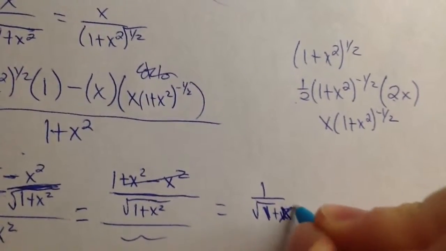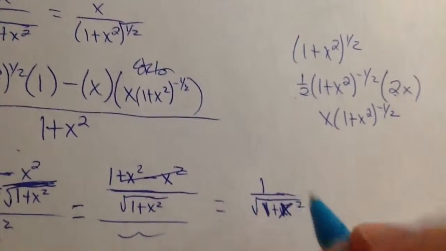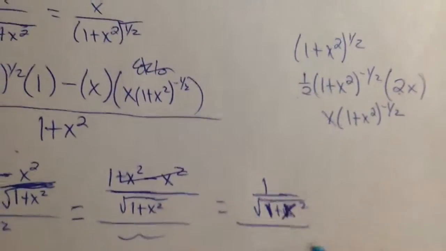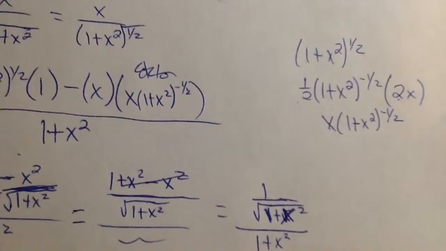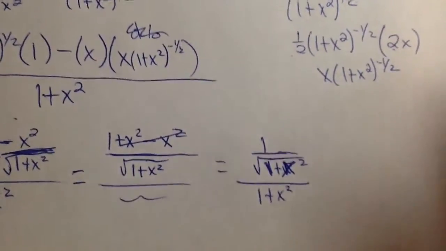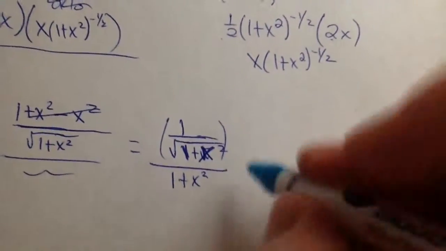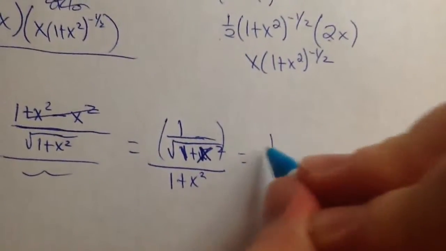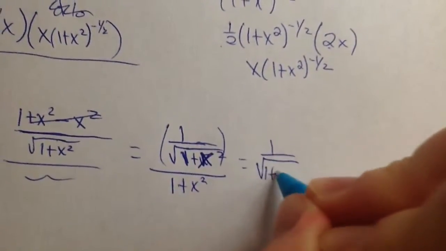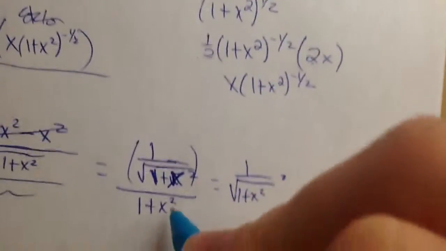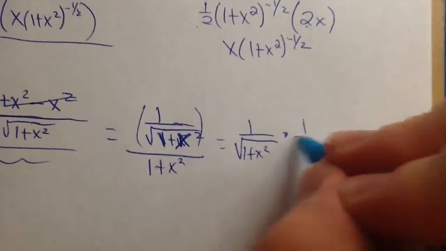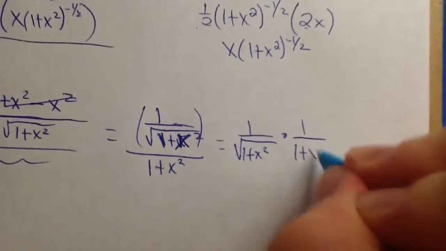All over, and I still have that 1 plus x squared on the bottom. So we've got a fraction on top. Let's flip and multiply. So that would be 1 over the square root of 1 plus x squared times 1 over 1 plus x squared.